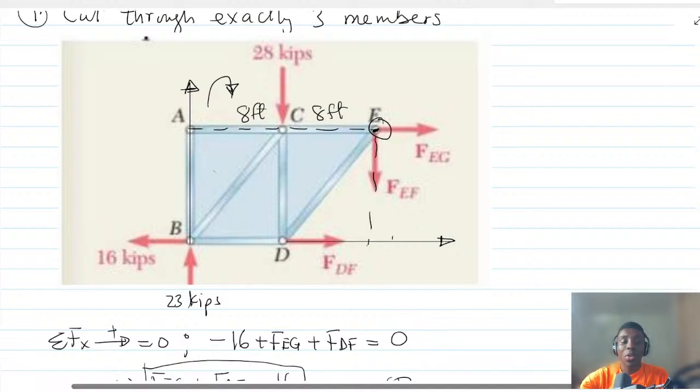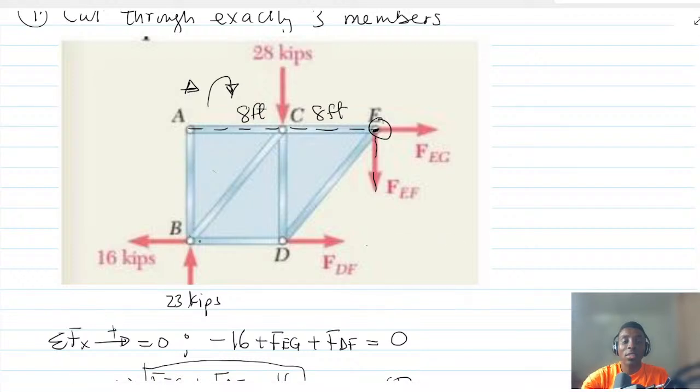So that is for the 23 kip. Now let's look at the 16. Considering the 16, the line of action will be passing through like this. So please, if you have forgotten moment, go back and look at moment. Now, the moment arm or the distance will be from here all the way up to here, and that distance is 10 feet.